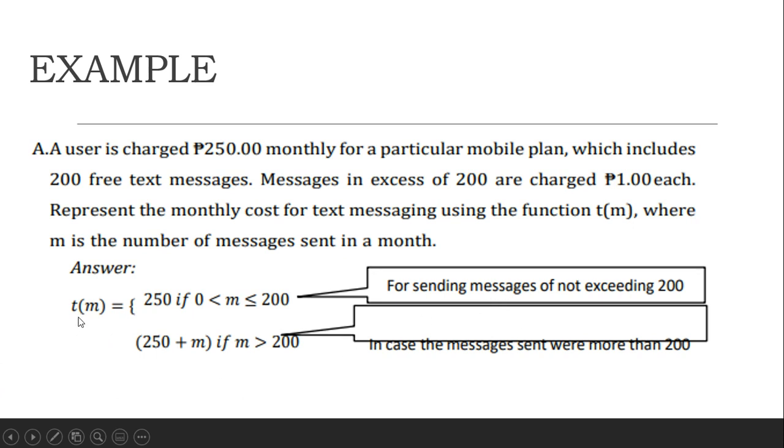So, ang gagamitin natin ay T of M, which is T(M) equals 250 if M, the number of messages, is greater than 0 but less than or equal to 200. Kapag naman lumagpas ng 200 yung text messages nyo, it's going to be 250 plus M if M is greater than 200.